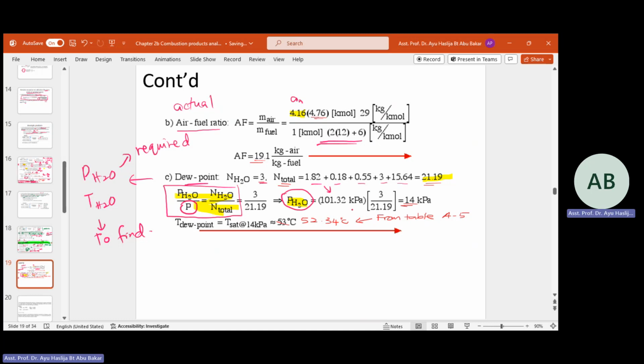Okay, then cari infos in from table A5. Nanti saya buka table A5. I have uploaded the table in CN. Kan? Okay. Apa tadi temperature? Sorry, pressure 14. Okay, 14 between these two. How do you want to do? Interpolation. Okay, but interpolation between 10 and 15. Then you will get the value.